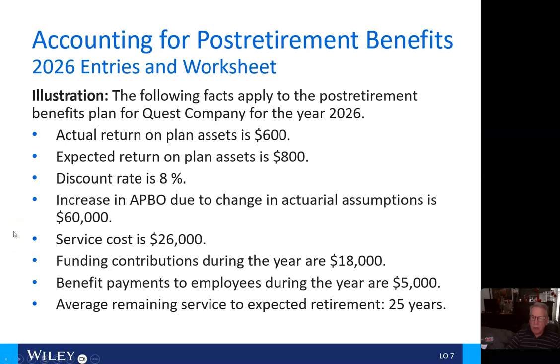Service cost is $26,000. Funding contributions during the year are $18,000. Benefit payments to employees during the year are $5,000. And finally, the average remaining service life to expected retirement is 25 years.